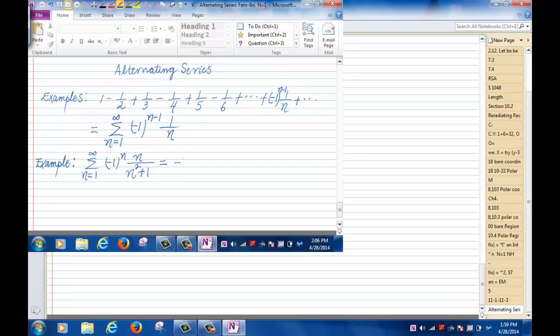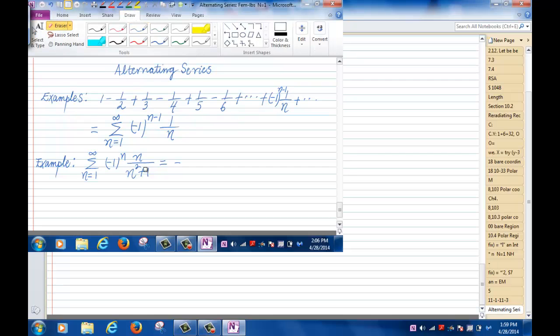In the denominator all I want is n plus 1. Okay, so this is going to be negative 1 over 2, plus the second one would be 2/3. The next one would be 3/4. The next one would be 4/5 minus ... So you see the idea.